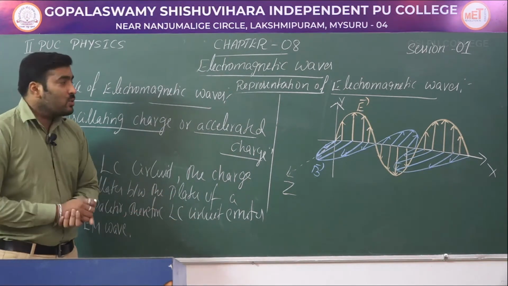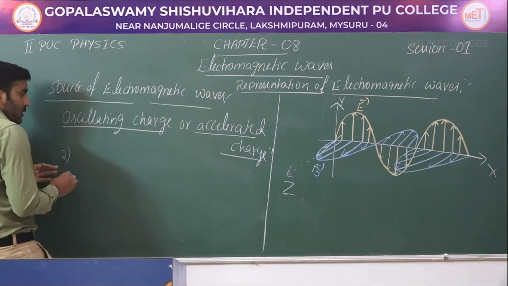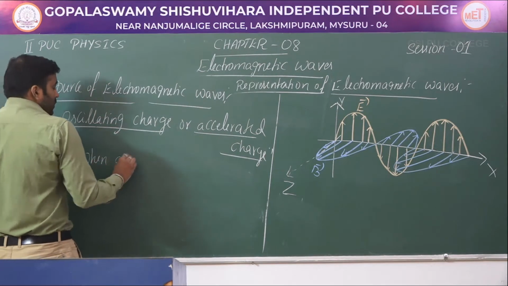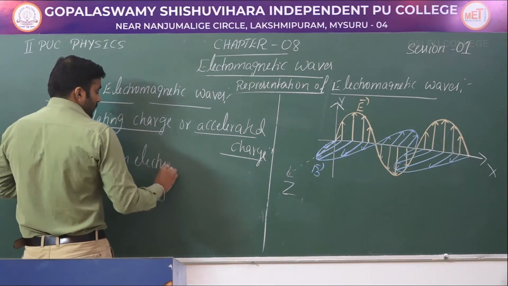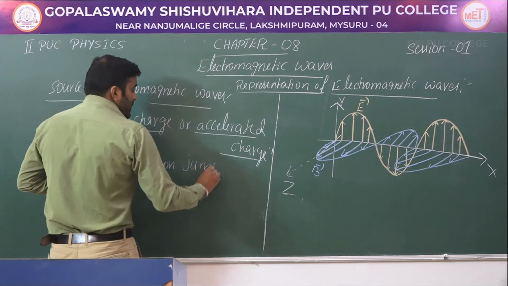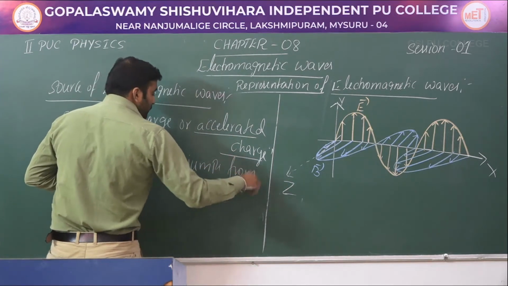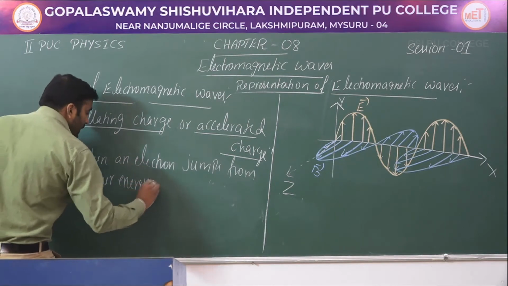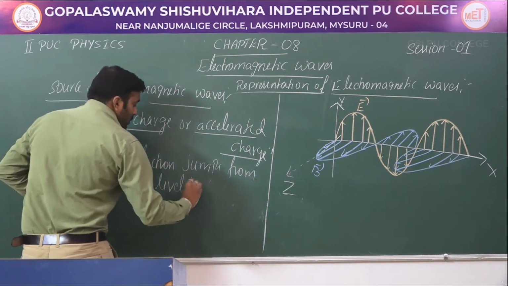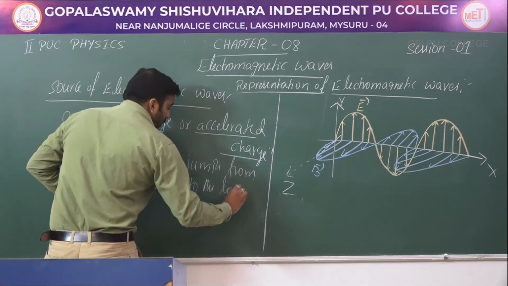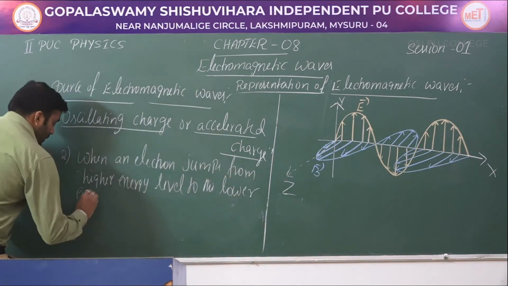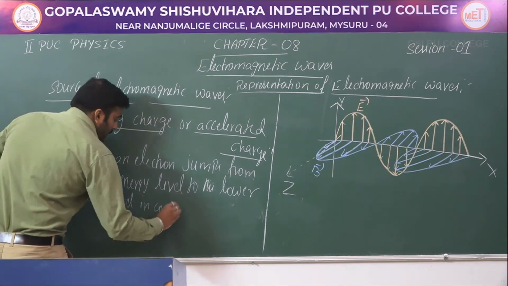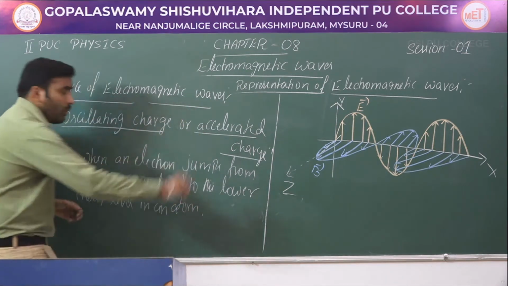And what is the one more case we can write where the charge is accelerated? When an electron jumps from higher energy level to the lower energy level in an atom. Okay.